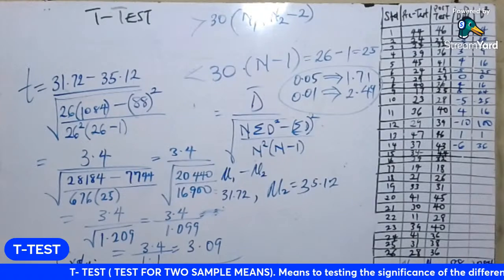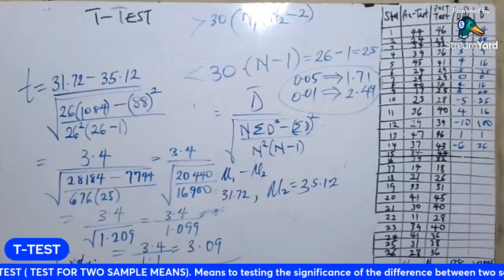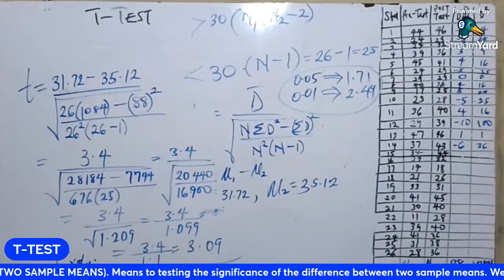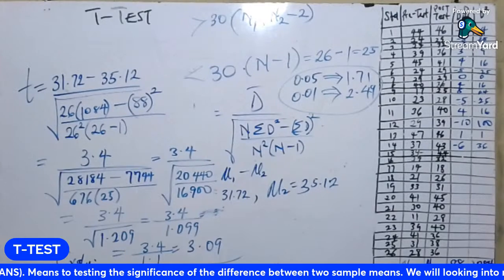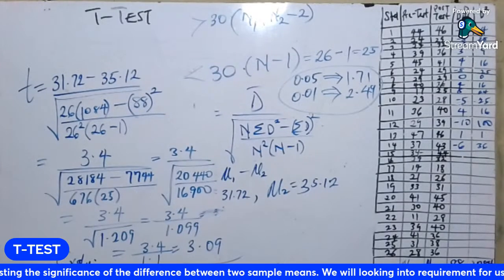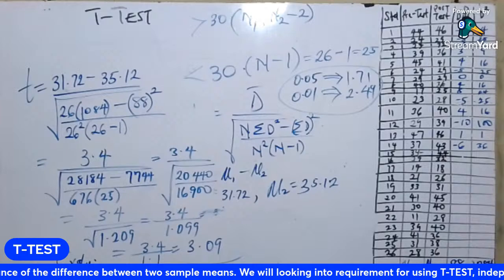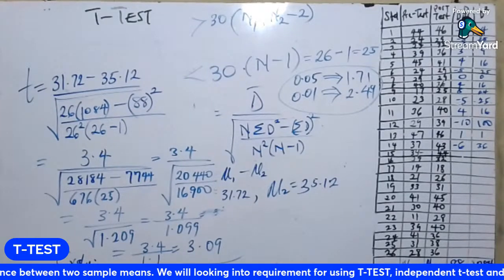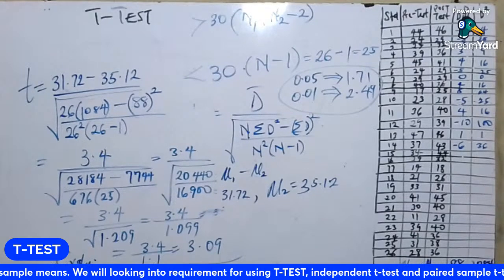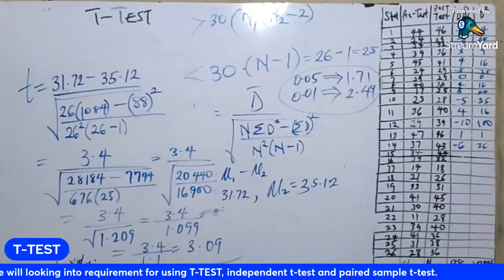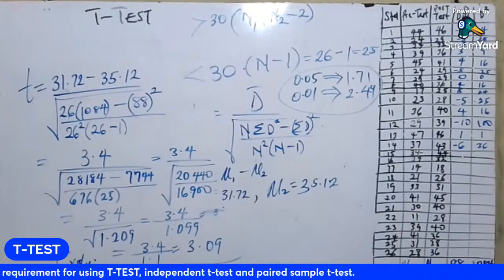The independent sample t-test, like I said, has three formulas. When the sample is lesser than 30, there is a formula to use. When the sample is greater than 30, there is a formula to use.